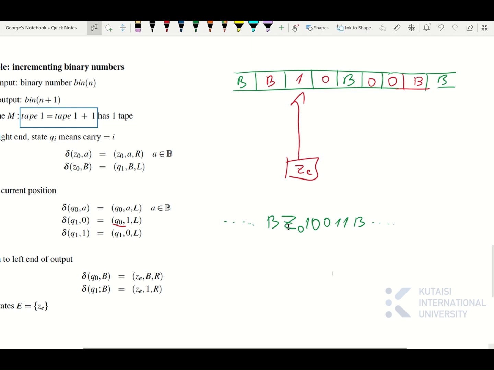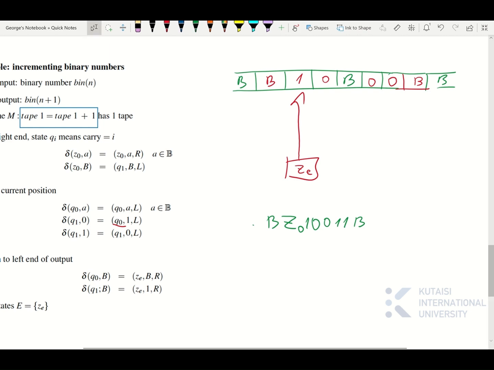So here's the first observation. I never touched anything other than 1 blank to the left and 1 blank to the right. So my configuration can be written this way, and it's fine. I might assume that there is nothing written on the tape from the blank to the left and from this blank to the right, and it's okay. Right? So this was my start configuration.